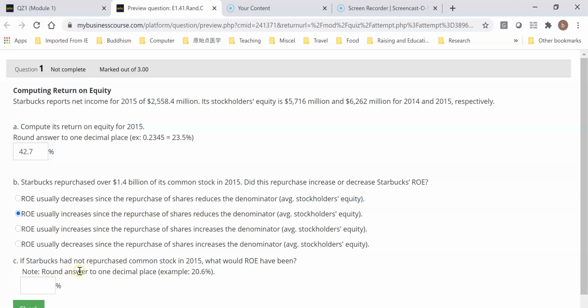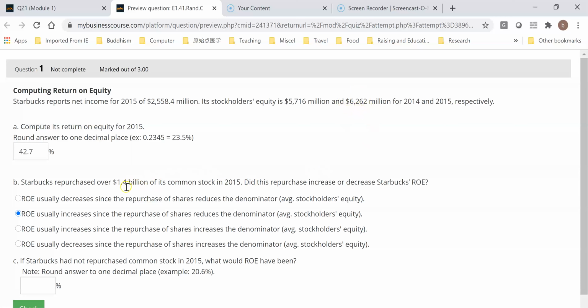C, if Starbucks had not repurchased common stock in 2015, what would ROE have been? So without repurchasing $1.4 billion of the common stock, the stockholders' equity in 2015 would have been $1.4 billion more than this $6,262 million.